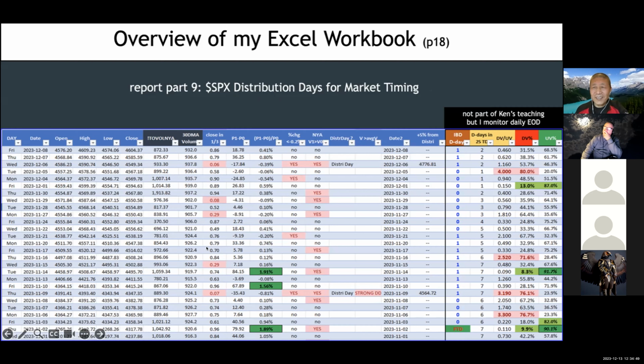Where does that number come from? Why is 0.2 significant? IBD says a 0.2% selling is significant. Now let me ask you this: what's the average volatility of SPY? It's huge. ATR is over 1%, like 1.5%, I think.